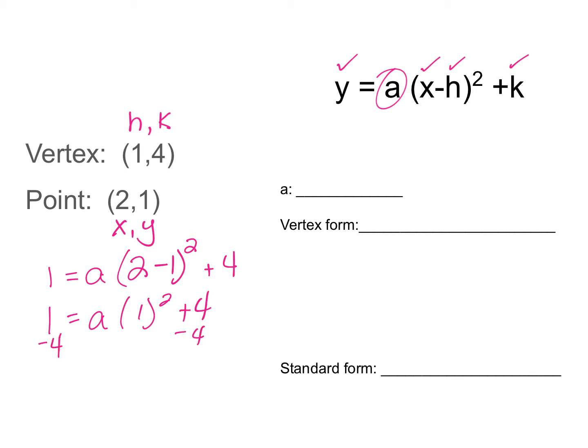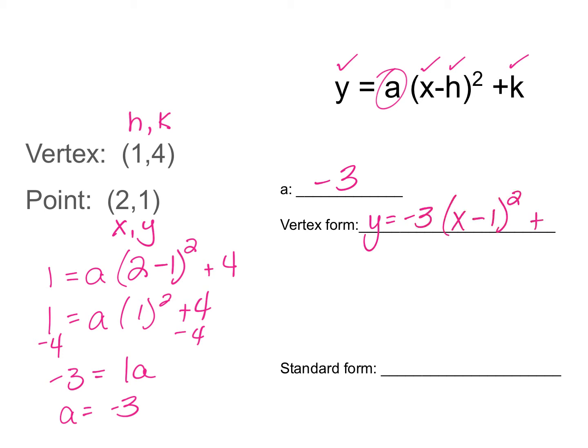Subtract 4, subtract 4. So this will be negative 3 equals 1A, or A equals negative 3. So our A value is negative 3. So then in vertex form, we would have Y equals negative 3 times (X minus 1) squared plus 4.